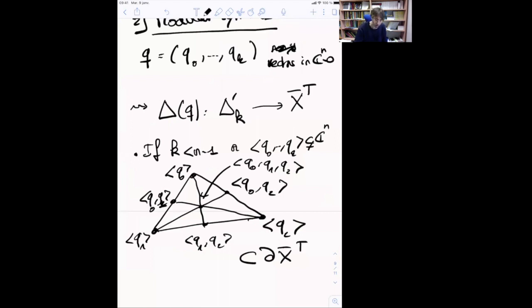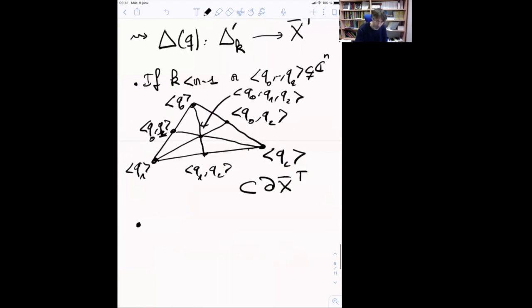And now what is really called a modular symbol is the case where K is equal to n-1 and the vectors form a basis of Cn.